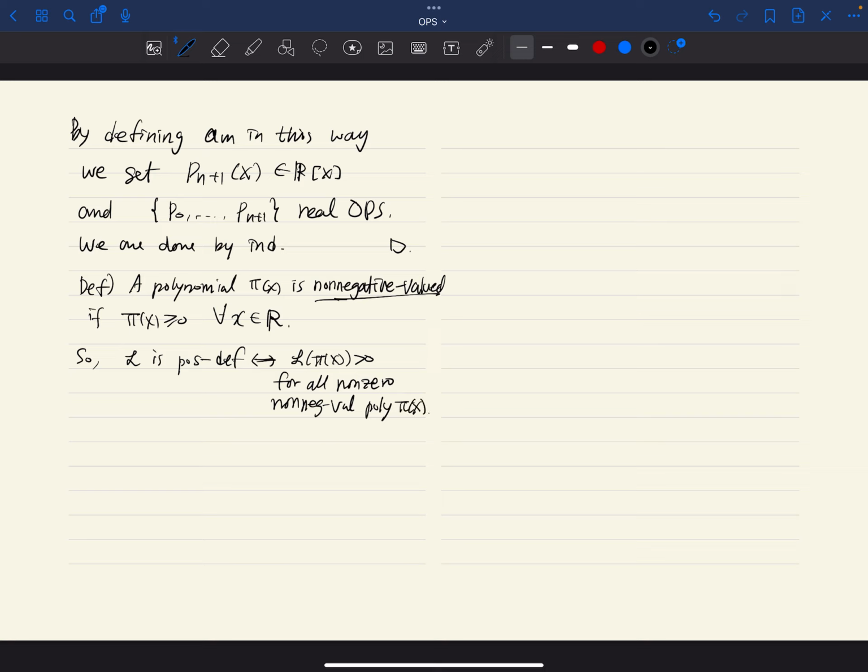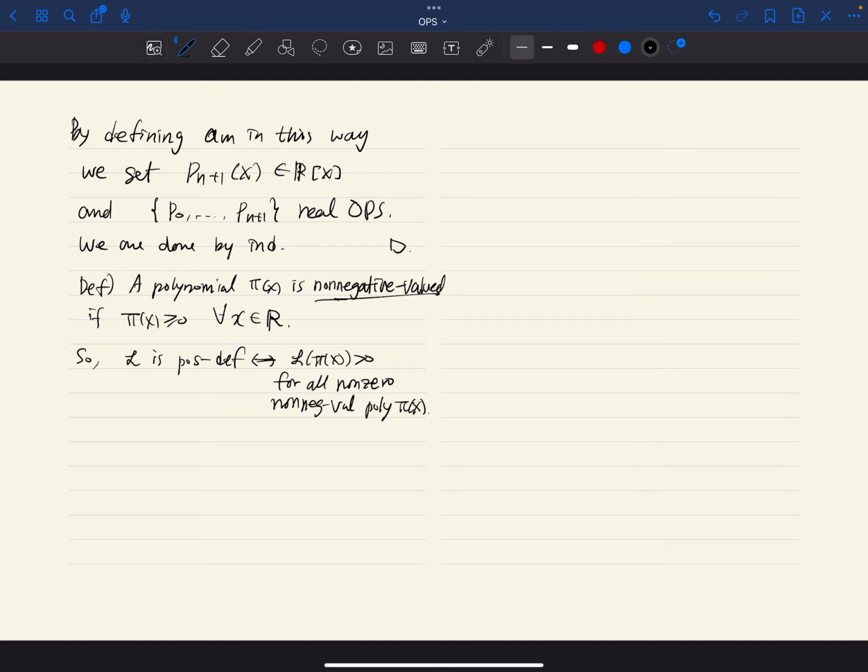Okay? I just rephrased the definition. And what I'm going to tell you now is why this is called positive definite. Positive definite is a commonly used term in linear algebra. So far we don't see any connection, but there is a very close relation between this and the notion of positive definiteness in linear algebra. So we will see the connection.